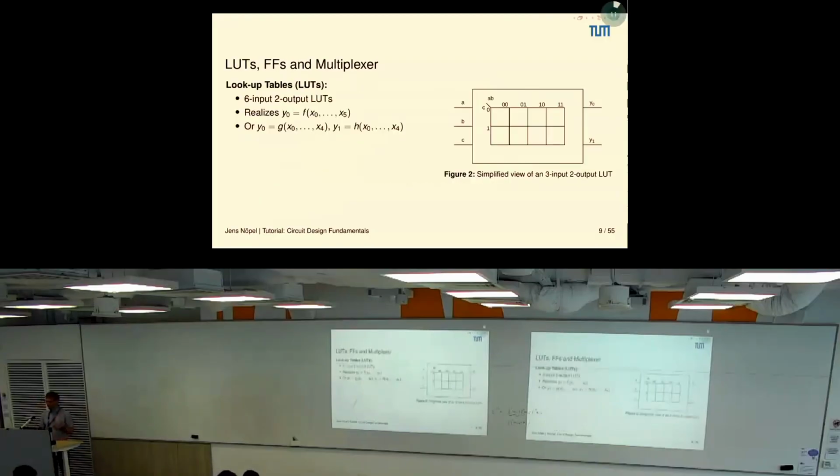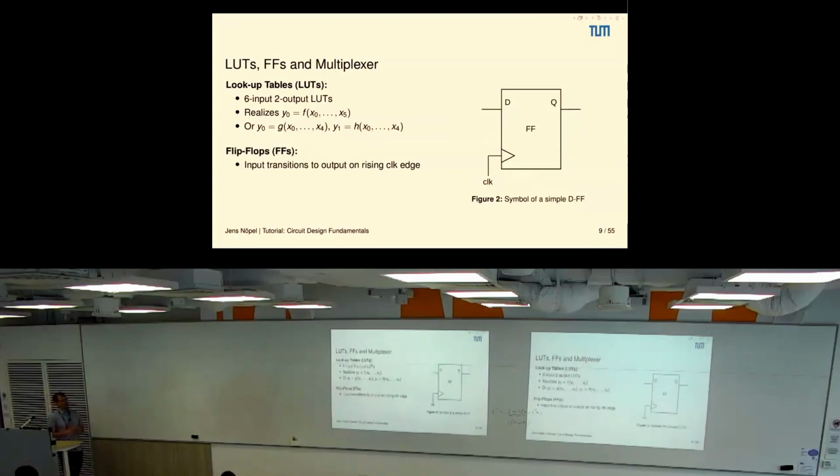There are two different types of slices, and if we look at lookup tables, then on our example FPGA, you usually find 6-input, 2-output LUTs, and you either can use all the 6 inputs to provide 1 output, or you can use just 5 inputs and provide 2 outputs.